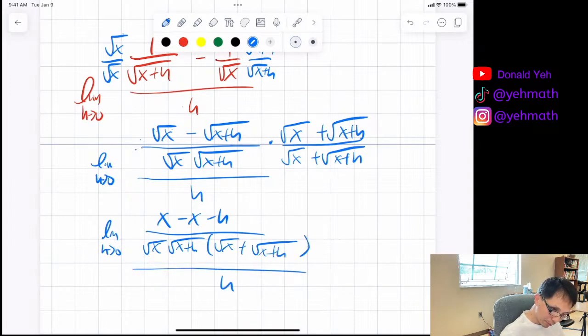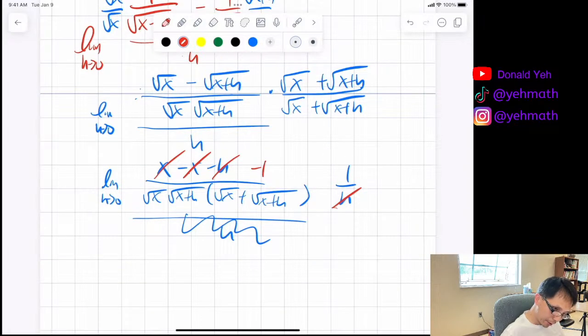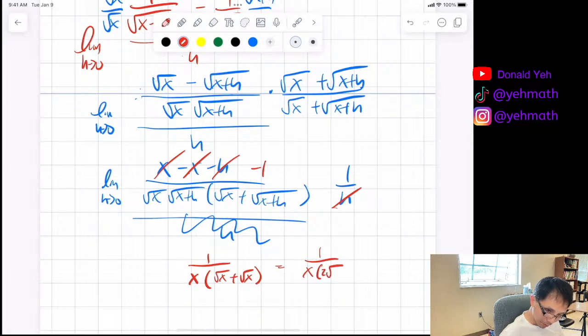And this h will cancel out, and that's gonna give you a -1 on the top. Then h approaches 0, so it'll be 1 over square root x times square root x, which is x, times square root x plus square root x, which is 1 over x times 2 root x, which is 1 over 2x to the 3 over 2, I believe.